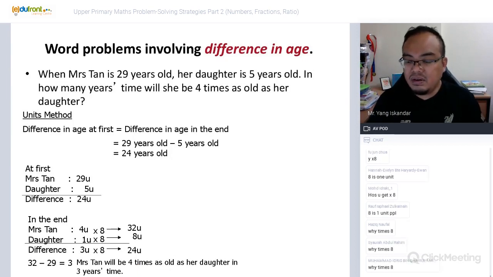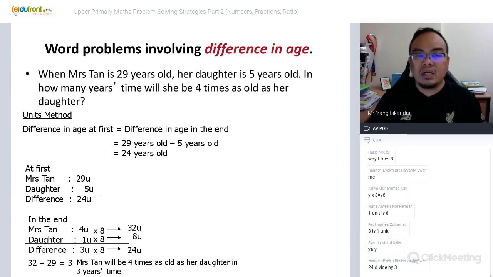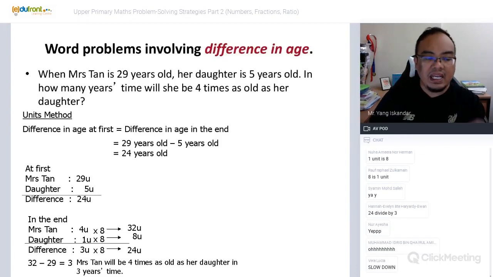Okay, some of you ask why times 8? Anybody can answer why times 8? Because we need to make the difference the same. Correct or not? Why? Because this is a constant difference question, the difference in the beginning and at the end is the same, and we need to find the lowest common multiple of 24 and 3.